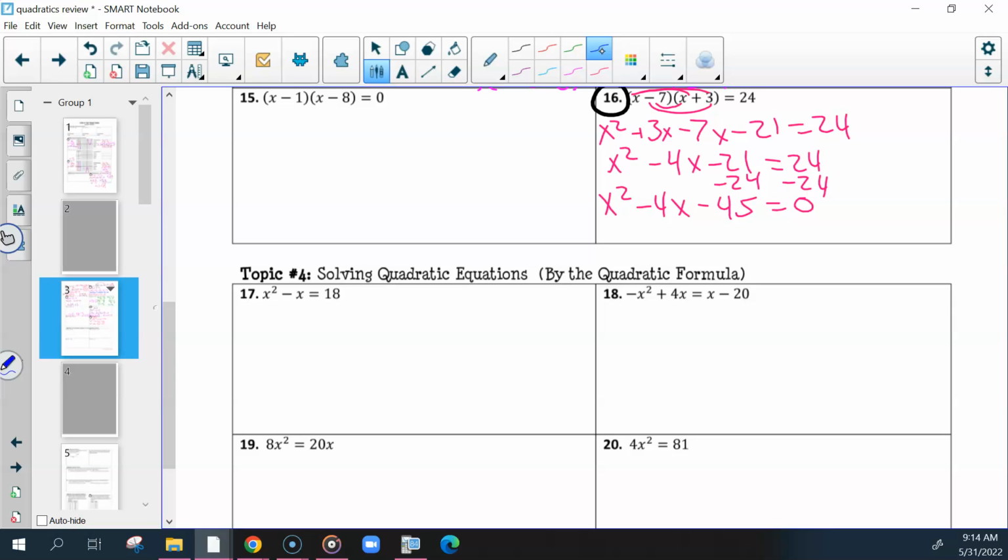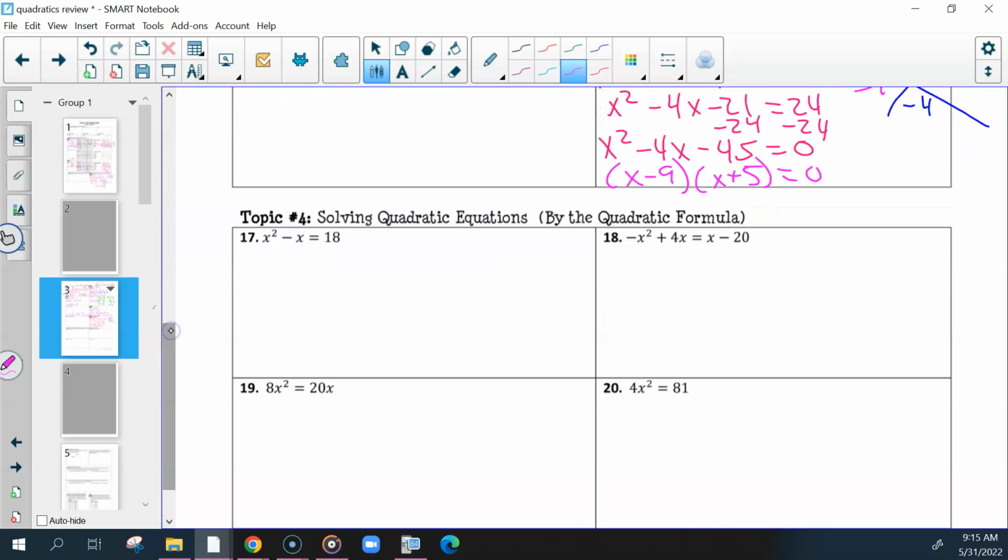Trying to figure out what negative 45 has. The multiple has to be negative 45, the sum has to be negative 4. What two numbers would work? 9 and negative 5. Negative 9 and positive 5. So our factors would be x minus 9, x plus 5 equals 0.